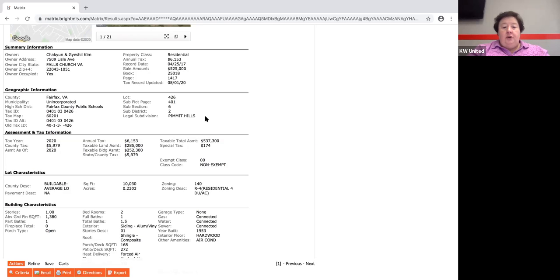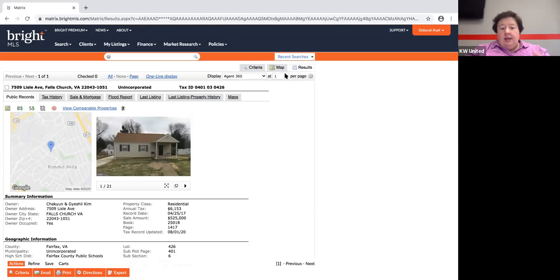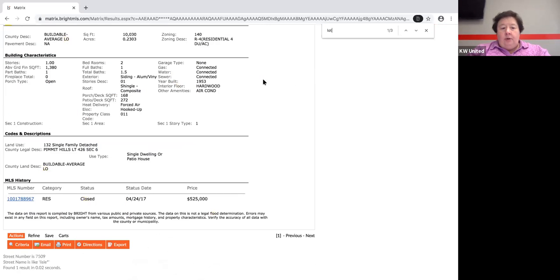As you're looking through your listing, one of the easiest things to do, because every county and every state feeds this stuff into the MLS differently, is this: on a Mac, you do Command F, and on a PC, you do Control F. Then you can put in the word lot, for example, and it's going to take you to what the lot is.